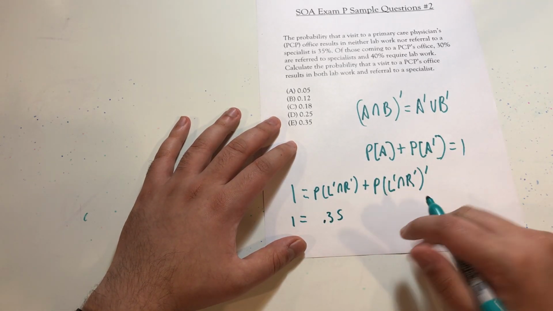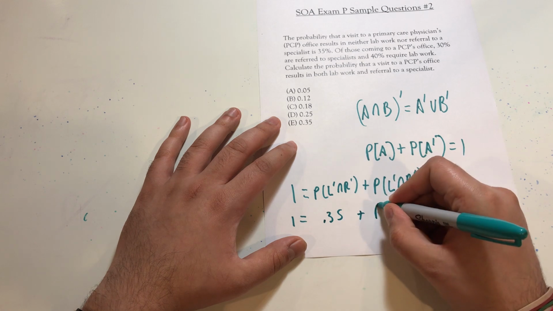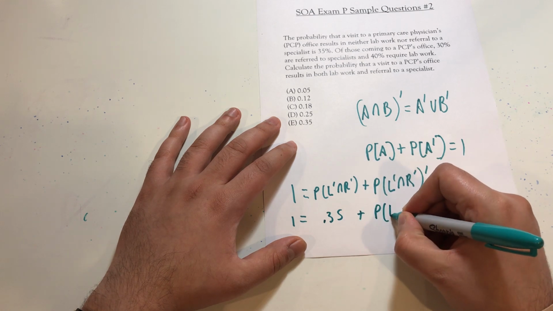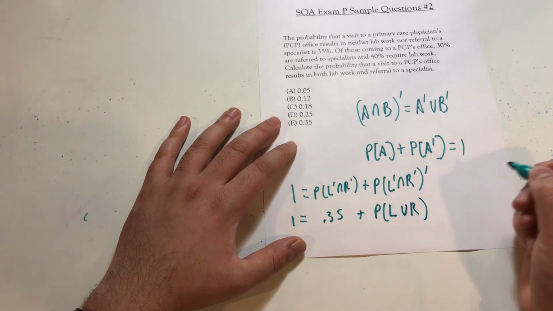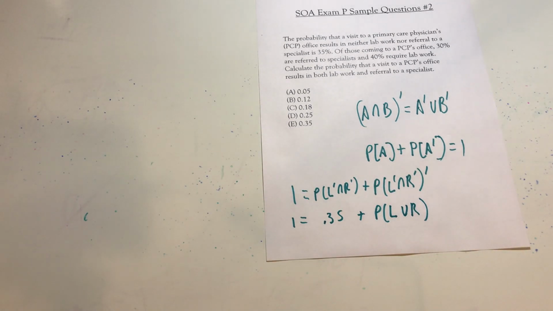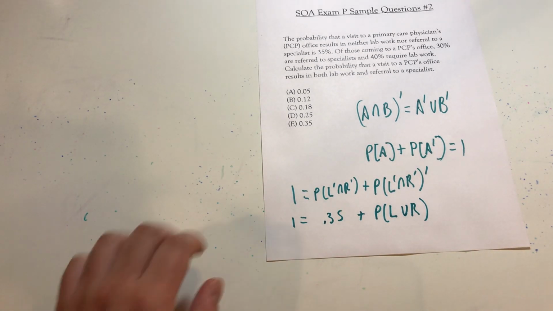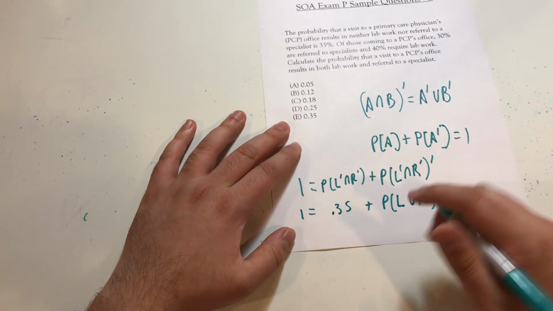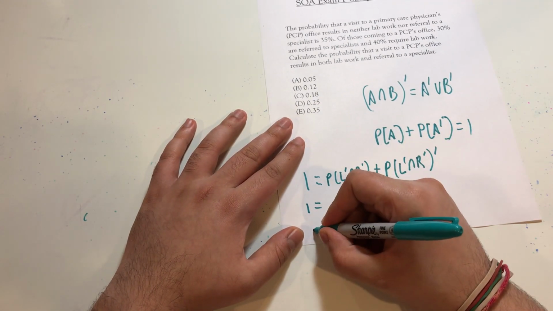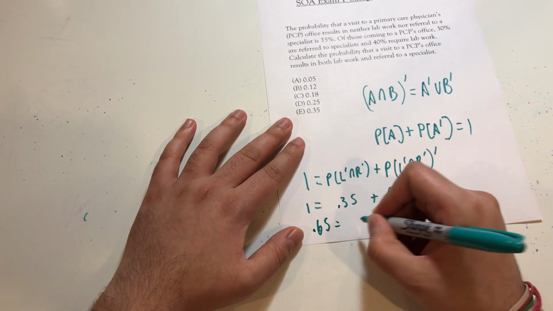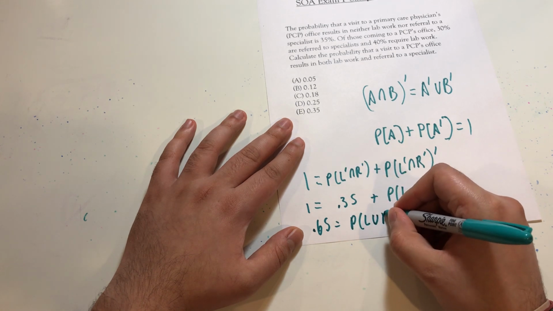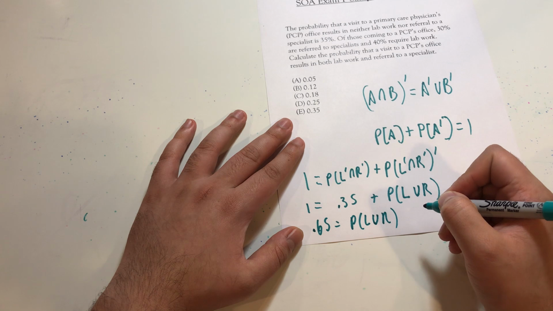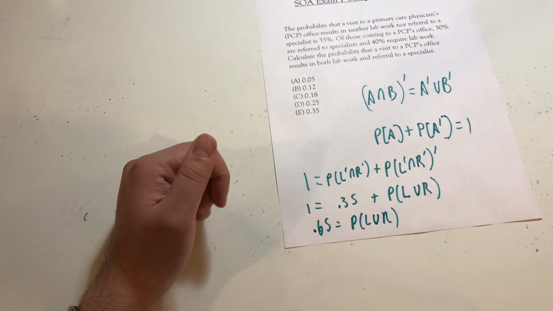Well, this, once it opens up, should be the probability of L union R. And to get this, all I do is simply subtract from both sides, and I get 0.65 is equal to the probability of L union R. And now I have everything I need to find my final answer.